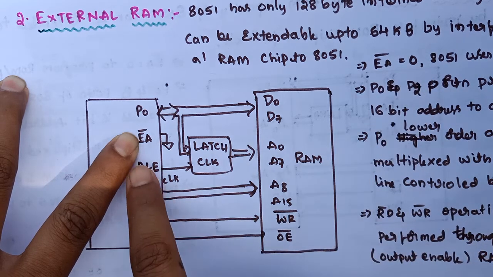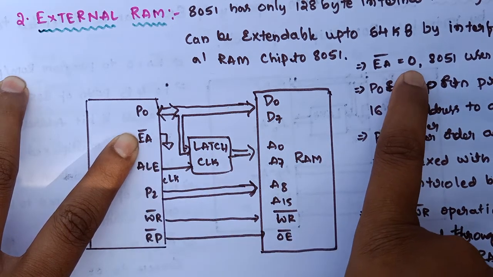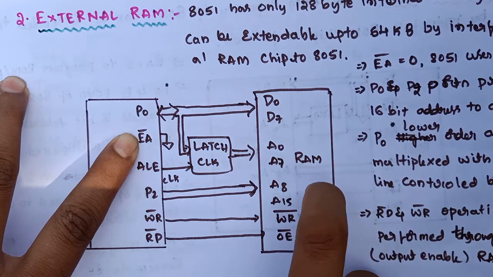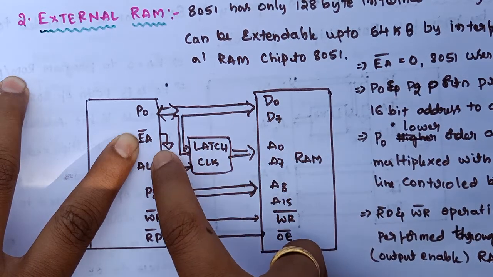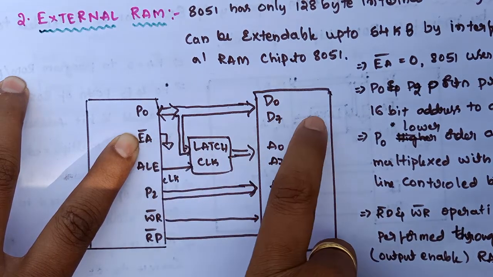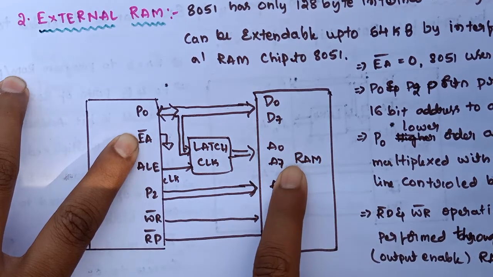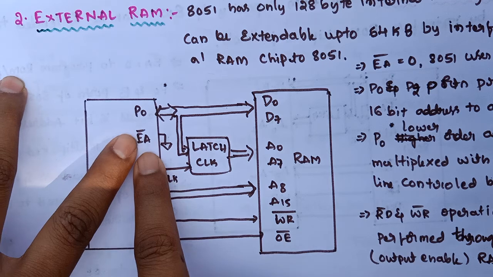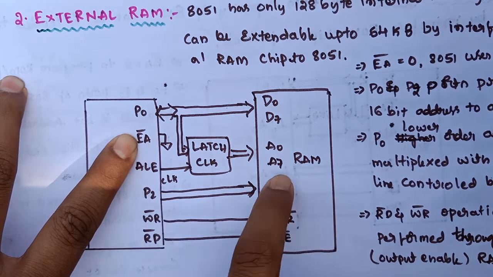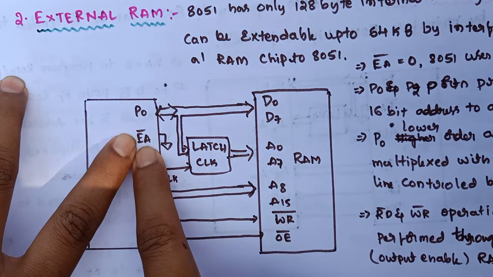Therefore, if you connect the EA pin to 0, you will be able to access the RAM. Otherwise, it will not allow the 8051 microcontroller to access the RAM. So in order to fetch the information from the RAM, you need to enable the EA pin.